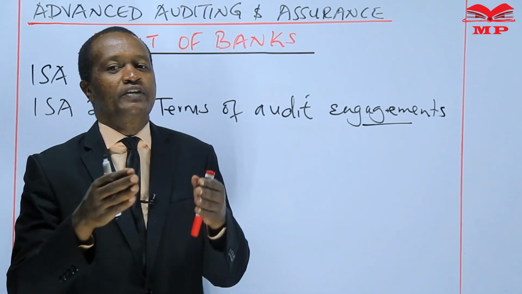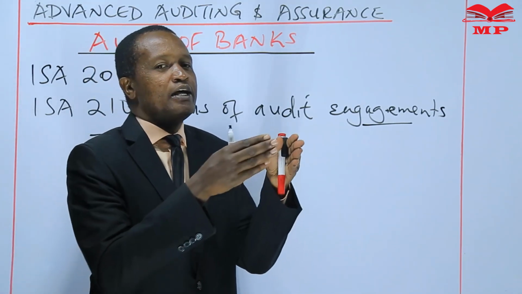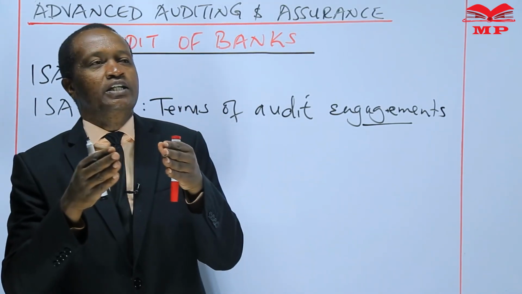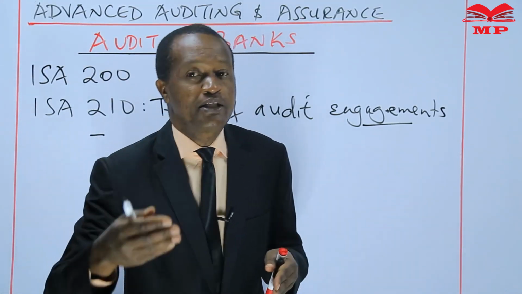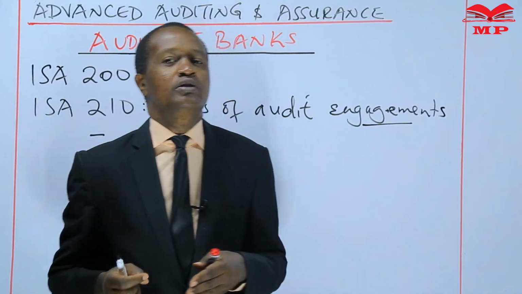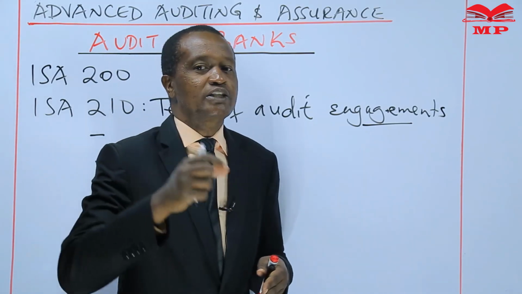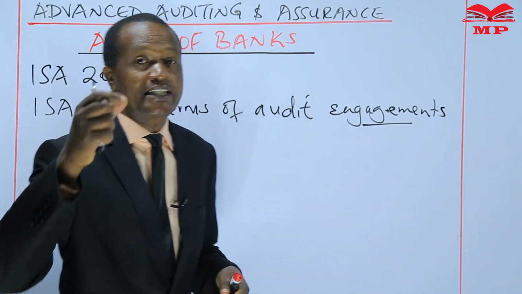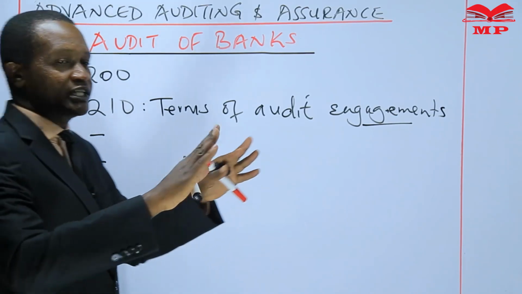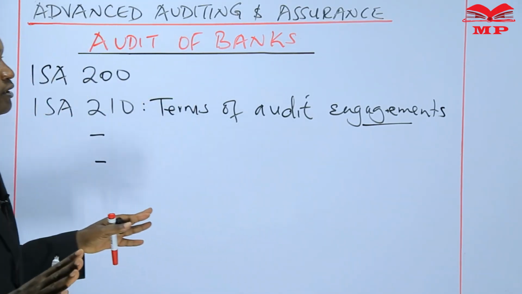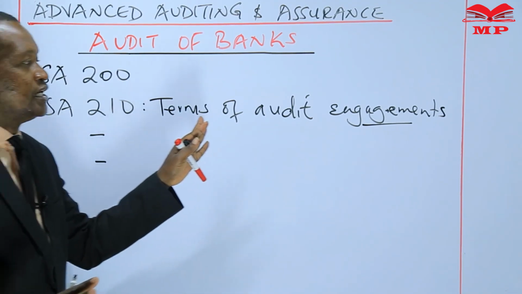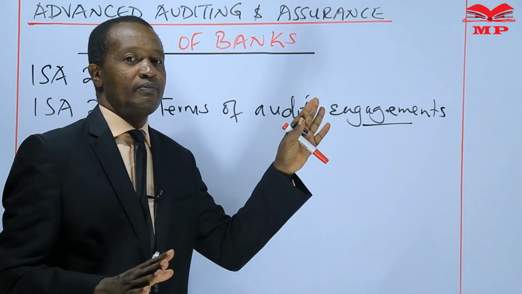Then number four, we have the access that bank supervisors will be granted to the auditor's working papers when such access is required by the law, and the bank's advance consent to the access. So those are some of the factors that the bank auditor should consider when issuing an audit engagement letter.